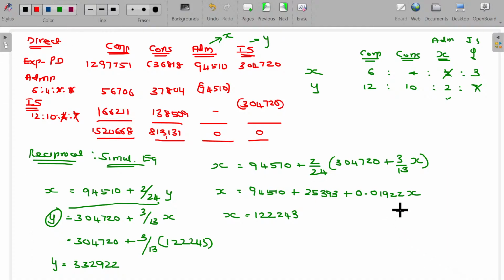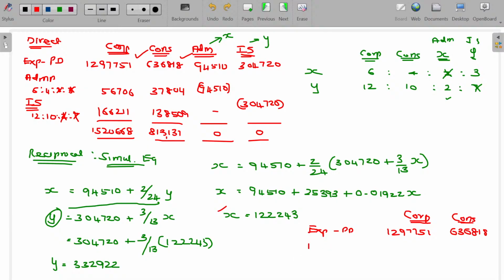What's that? Allocate to corporate and consumer sales. Expenses as per primary distribution being these two: 12,97,751 for corporate, 6,36,818 for consumer. Now you have to distribute what? X overhead. X means admin.